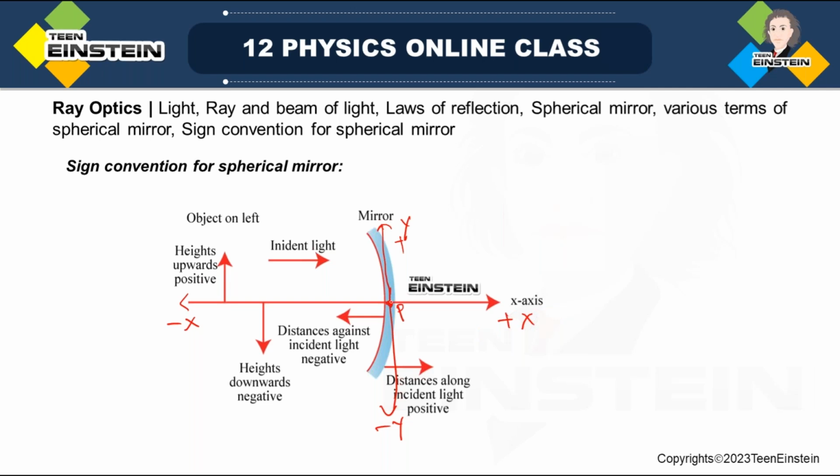Upward directions from the principal axis are positive, like this height, but this height is negative because it is in the downward direction.